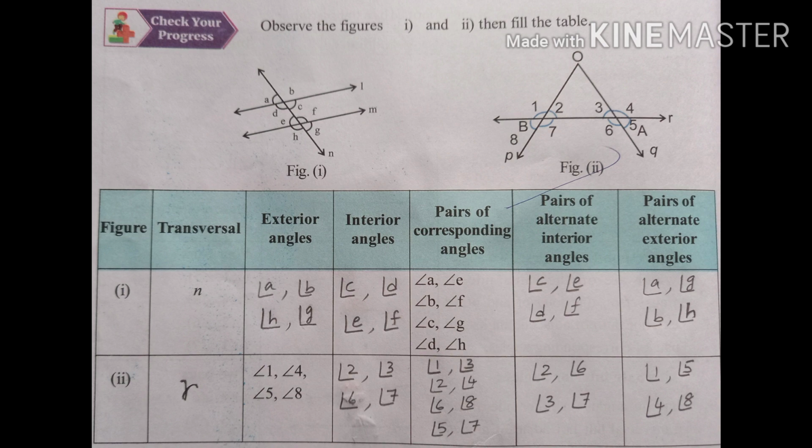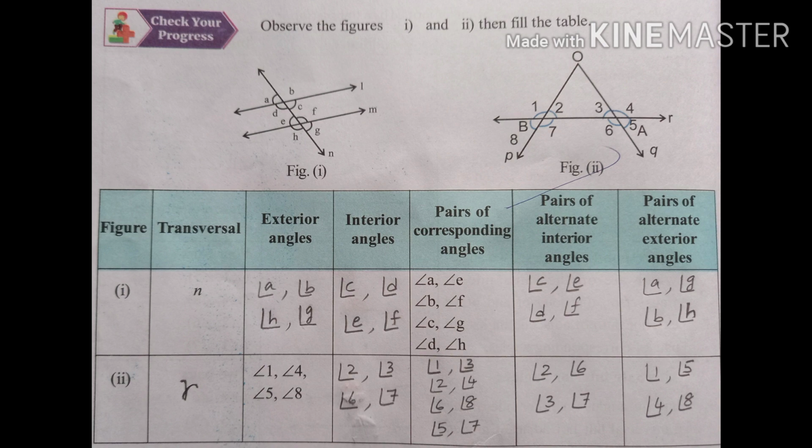Exterior angles. In figure 2, what are exterior angles? Angle 1, angle 4, angle 5 and angle 8 are exterior angles. That means outside of the lines OA and OB. Interior angles, the angles which are inside of the lines OA and OB. Angle 2, angle 3, angle 6 and angle 7.